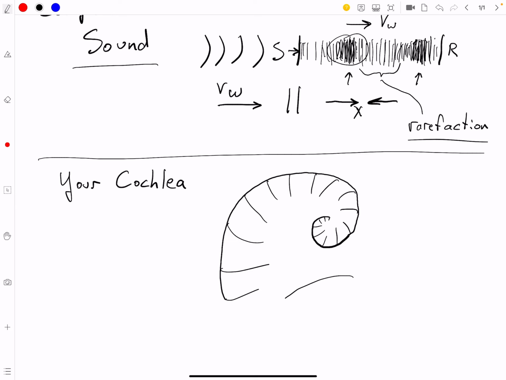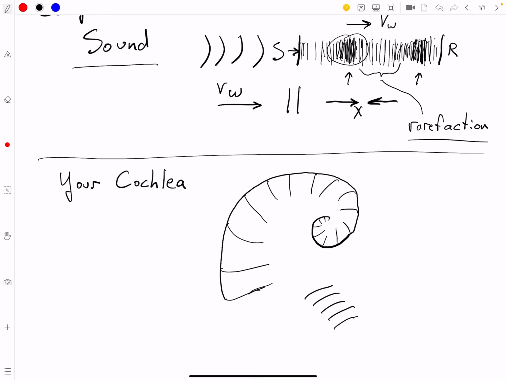So when sound comes in, it resonates with, I don't like this sound coming in. Let's do it more like this. So we have our sound coming in.